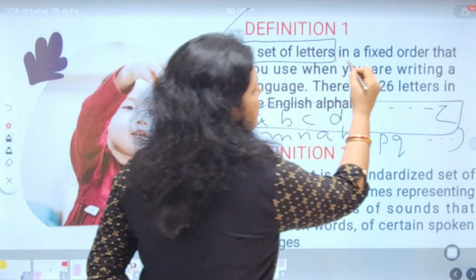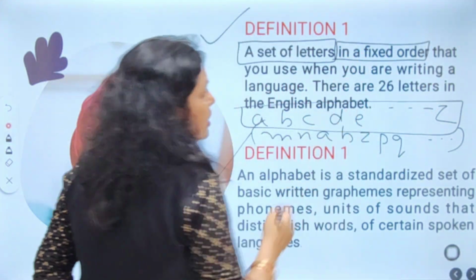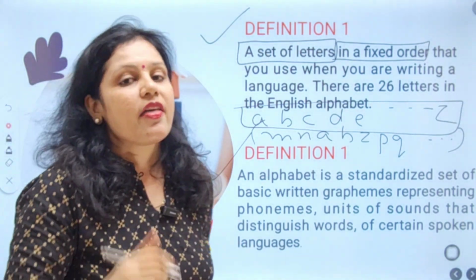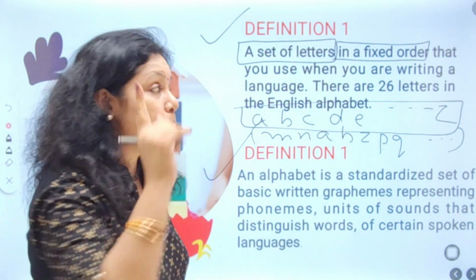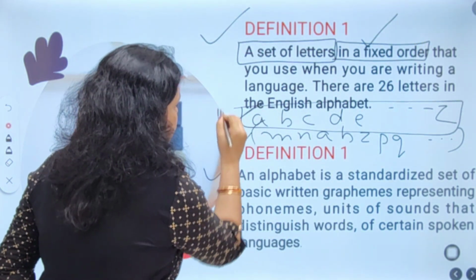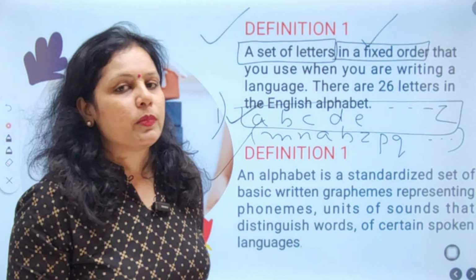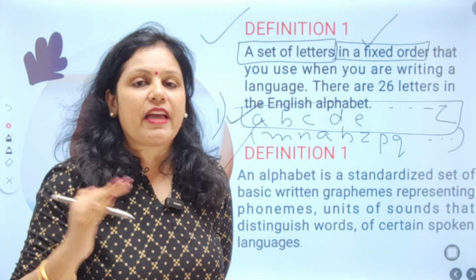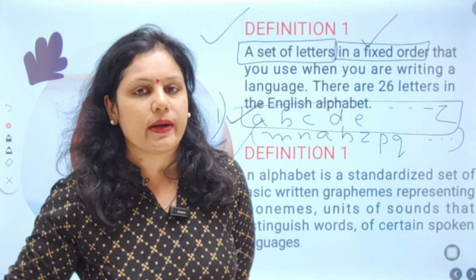So, a set of letters in a fixed order. Now the first definition says that you have a set of the letters, but they are in a fixed order. That means number 1, this one. So some people give the definition of alphabet as a set of letters in the fixed order.